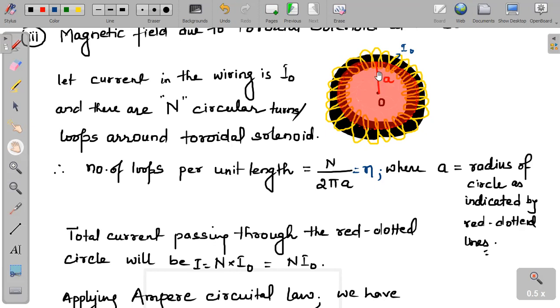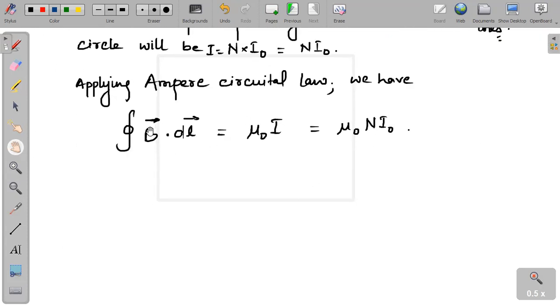In either case, B dot dl will become B dl cos theta, where theta will be either 0 or 180. Based on 0 or 180, up the plane or into the plane will be decided, but the magnitude is going to be B dl.